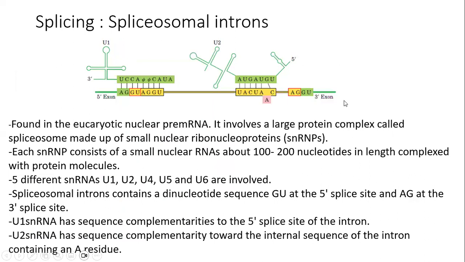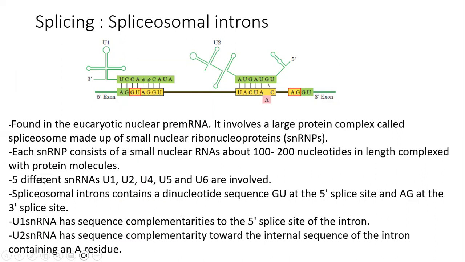Then coming to the third category, that is spliceosomal introns. It is found in eukaryotic nuclear pre-messenger RNAs, and it involves a large protein complex known as the spliceosome, which is made up of several small nuclear ribonucleoproteins.